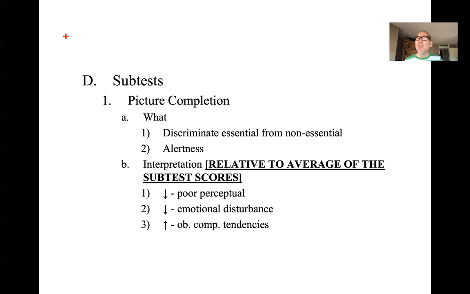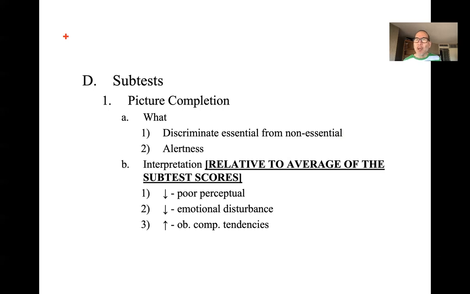Related to that is the area of alertness. So picture completion, based on if you got a low or high score, measures one's ability to be alert or in contact with current circumstances.